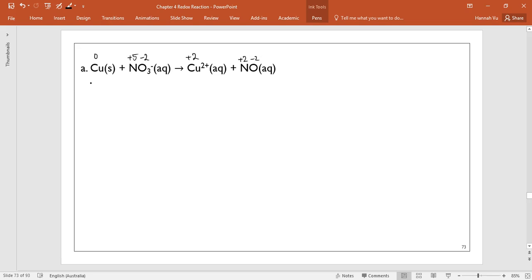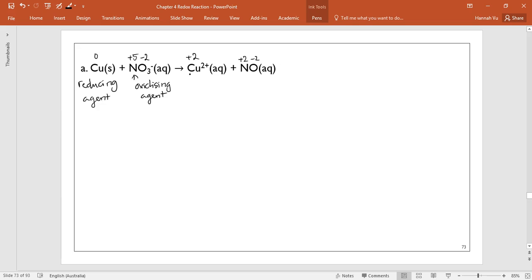So once again, copper has an increase in oxidation number, which means that it is the reducing agent, and the nitrogen in nitrate ion has a decrease in oxidation number, so it is the oxidizing agent.